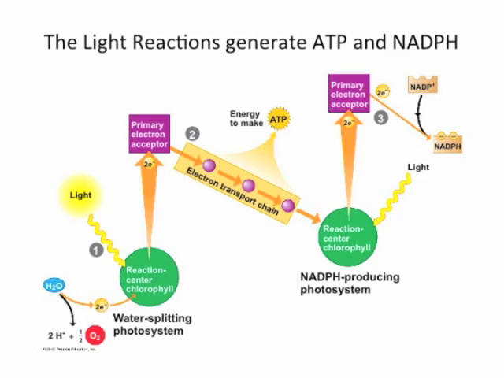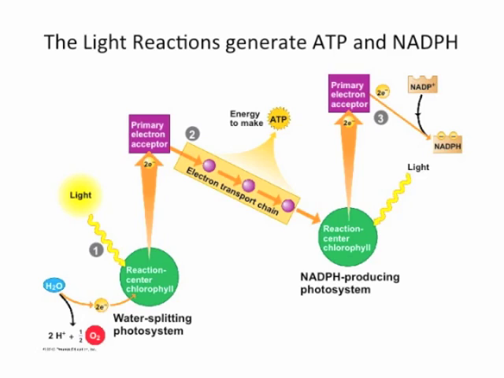The first one, this water splitting photosystem, gets its electron from water. The electron is sent from that photosystem pigment up to the primary acceptor and then through the electron transport chain, and it replaces its missing electron by splitting water.